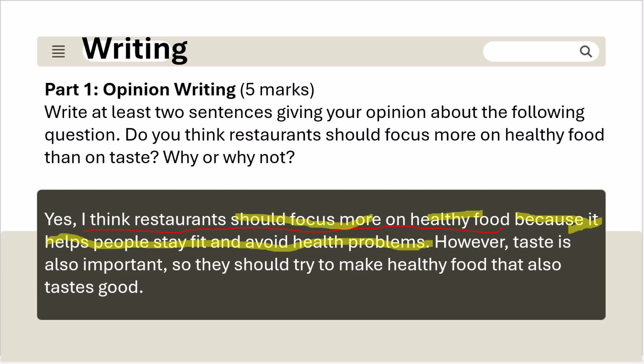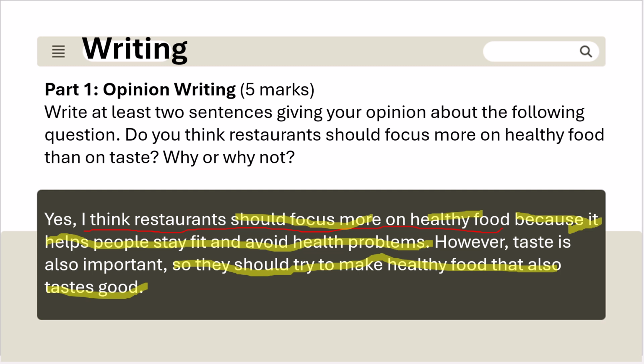You say taste is also important and you're not stopping here. So you're giving it, supporting it. So how are we supporting? So they should try to make healthy food that also tastes good. Okay. So this is your opinion. Short paragraph in the beginning of the writing task.